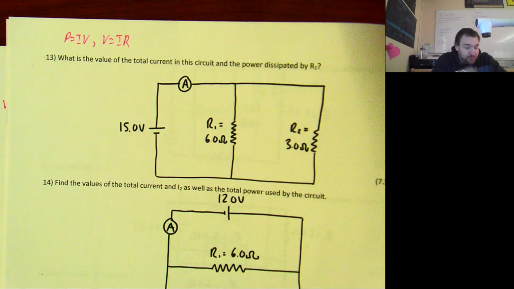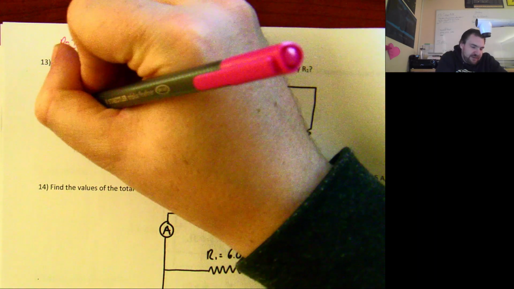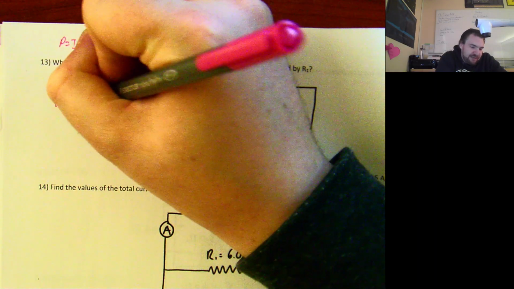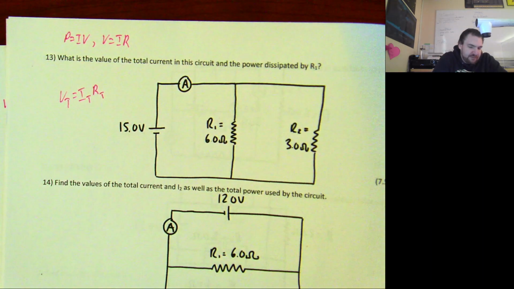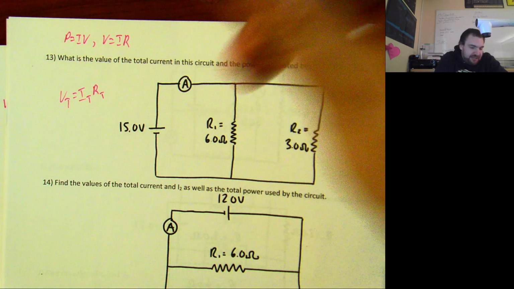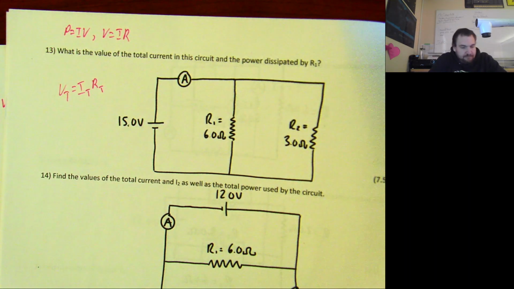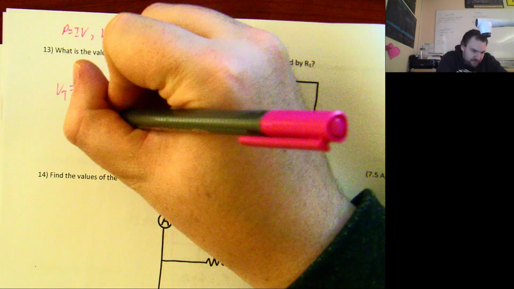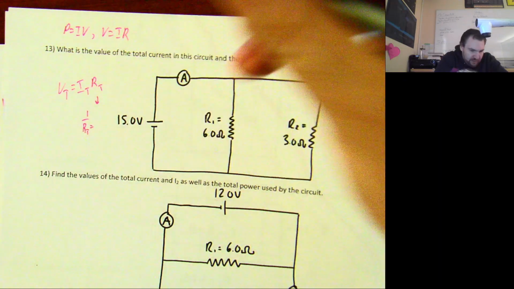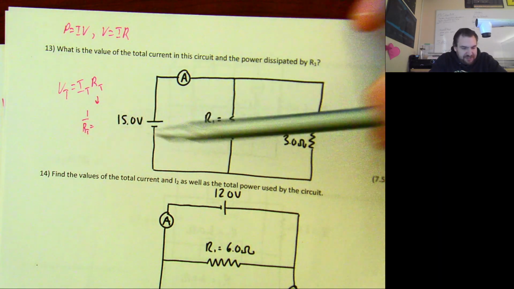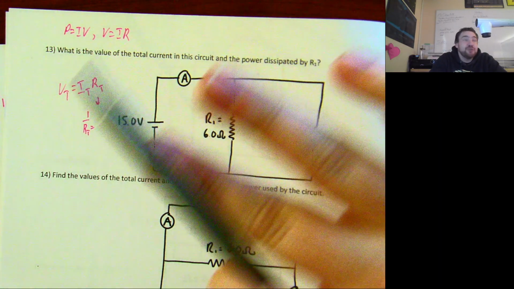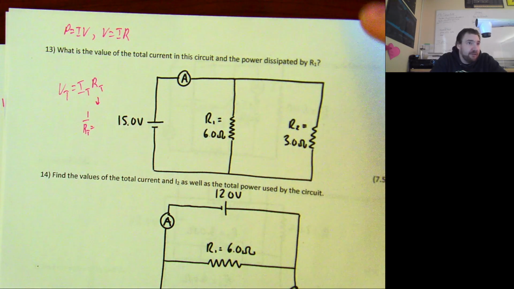It's true. So you want to go that route. VT equals IT times RT. We have to find RT then. So what's RT? Well, in parallel, I believe the resistances are 1 over R1 plus R2 plus R3. Okay, so 1 over the total resistance, because these two are in parallel, and those are the only two that are there.